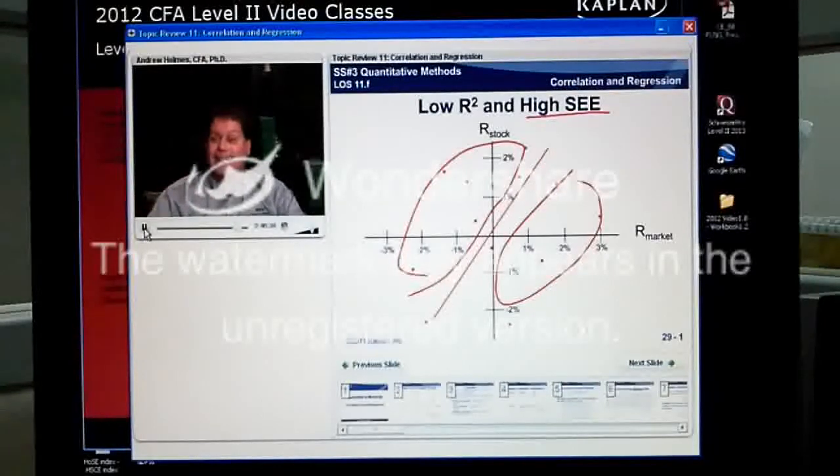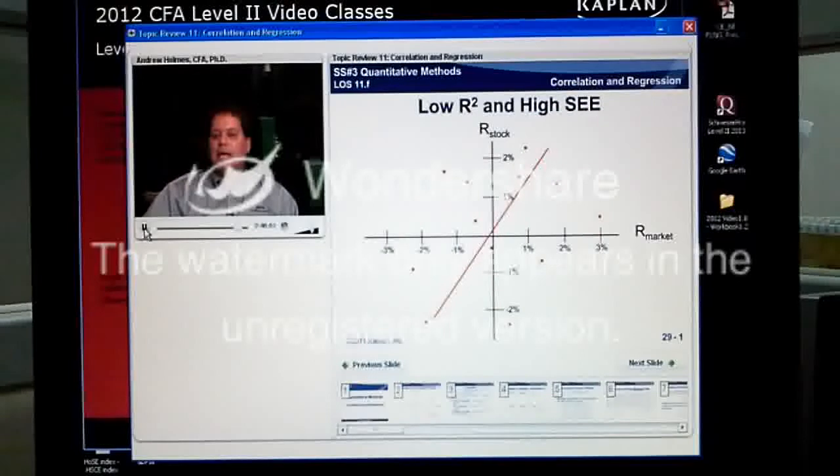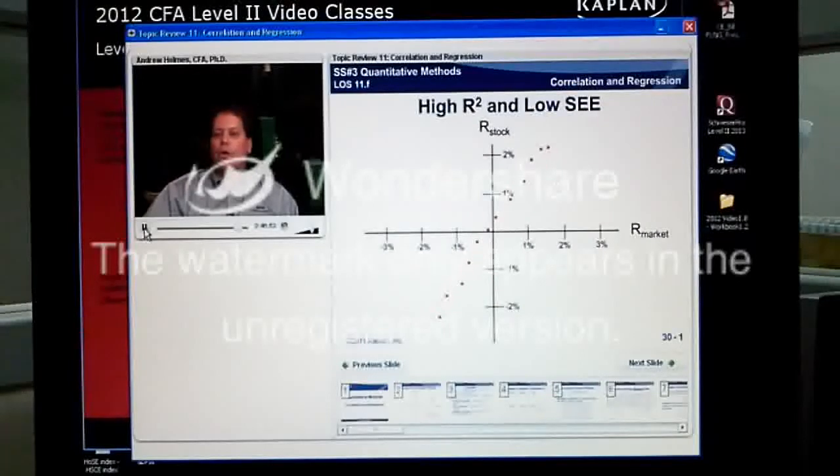I realize that's a lot of S's and E's, right? Anyway, the dots are a long way from the line. You can think of this as a variability number. However, with the exact same slope, we could see an equation that looked like this. Now the dots are all very close to the line, and that's going to give us a low SEE.